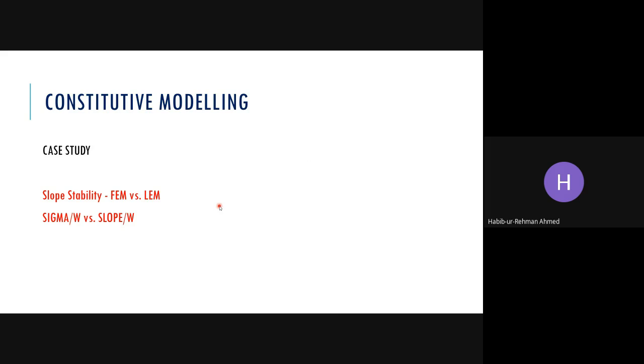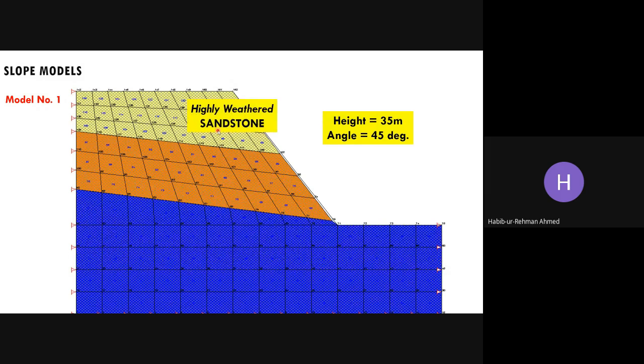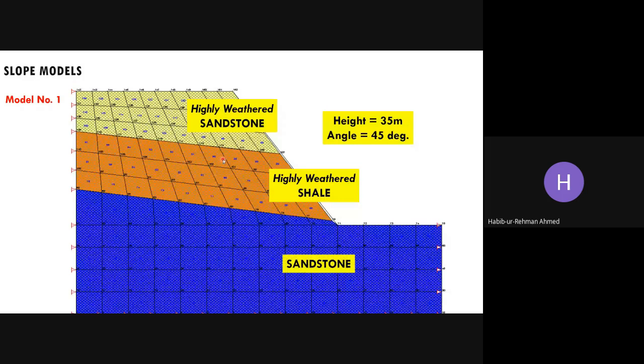In this case study, we prepared 3 different slope models: model 1, model 2, and model 3. In model 1, you can see we have 3 different layers, and the height of the slope is 35 meters and the angle is 45 degrees. The first layer is highly weathered sandstone, then highly weathered shale, and finally sound sandstone at the bottom.